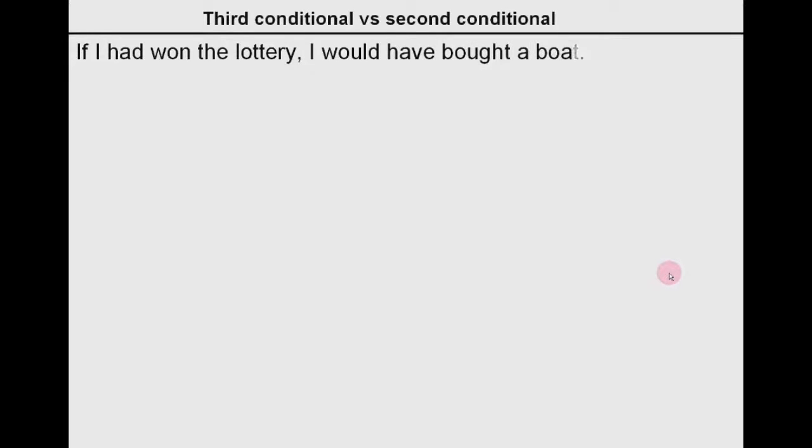Let's compare the third conditional with the second conditional, because often students are confused with the difference. If I had won the lottery, I would have bought a boat. If I won the lottery, I would buy a boat.